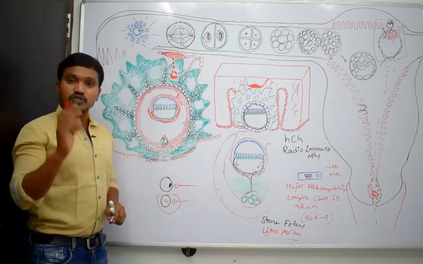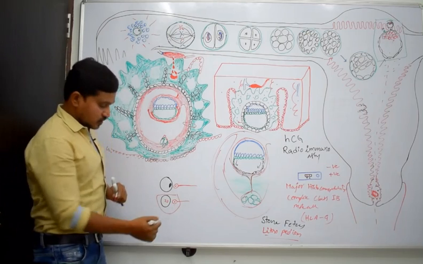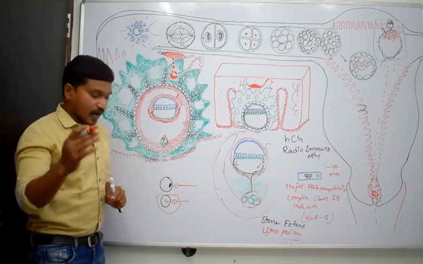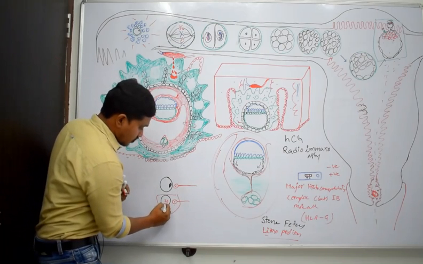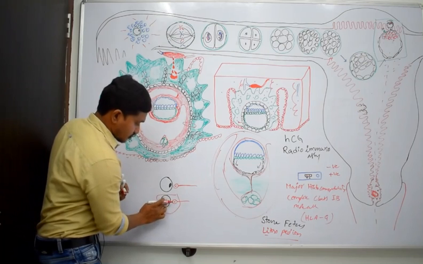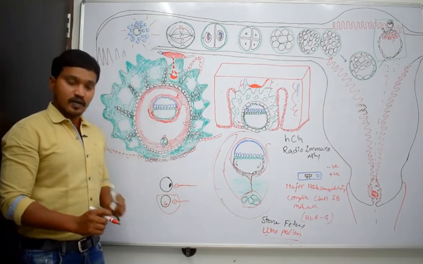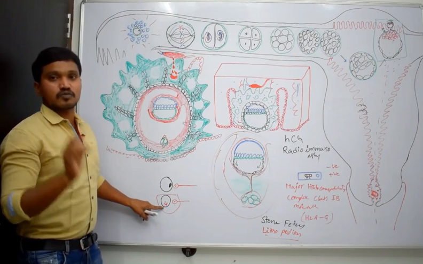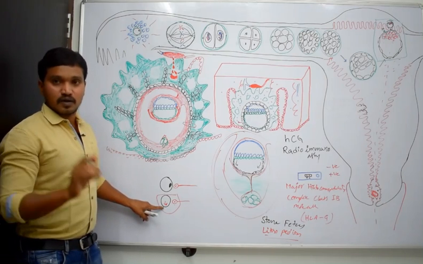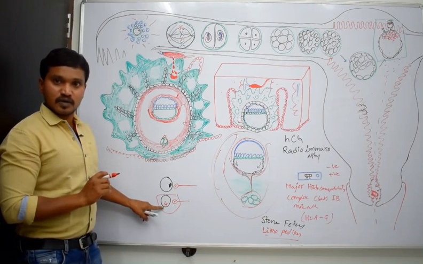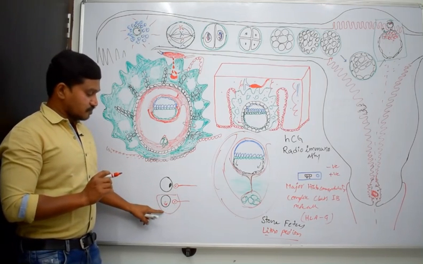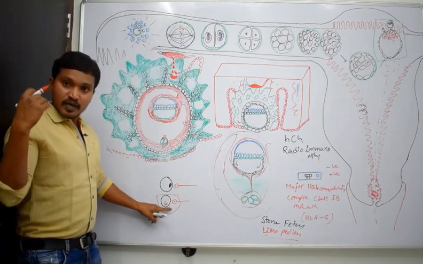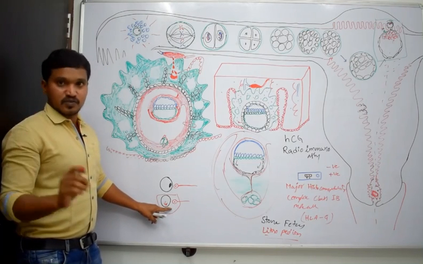But to restore the diploid number of chromosomes, the paternal chromosomes will duplicate and become 46 chromosomes. What does it mean? Within this embryo, only paternal chromosomes are there, no maternal chromosomes. Clear? In that condition, usually this blastocyst will be aborted in the next menstrual cycle.